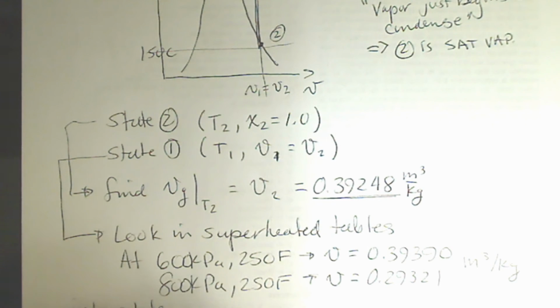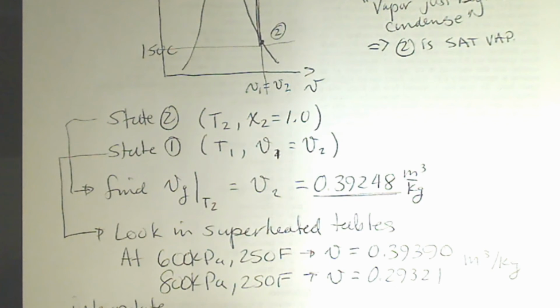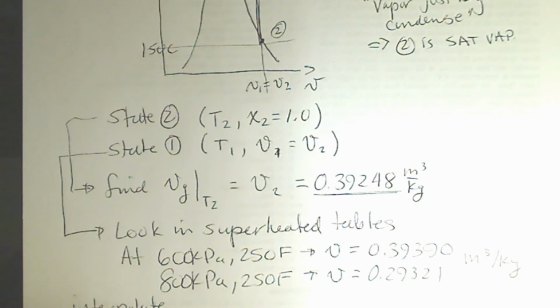To do that, we'd put specific volume over here, and I put pressure over here. So at 600, I'm going to put 0.39390. I don't know this number. And then at 800 kPa, the number is 0.29321. And the value I'm trying to find is 0.39248.